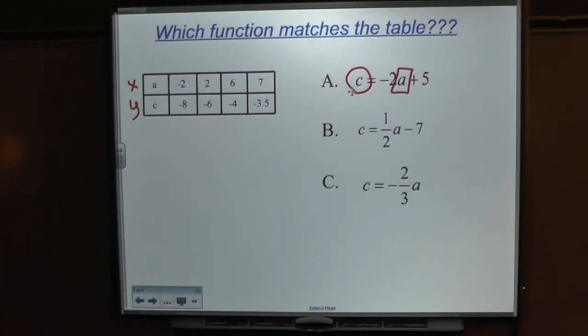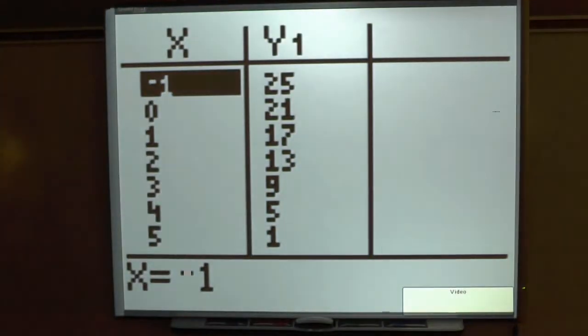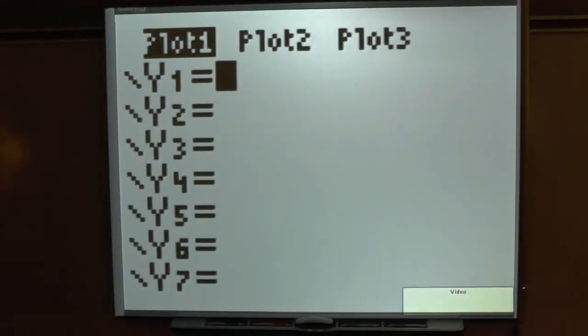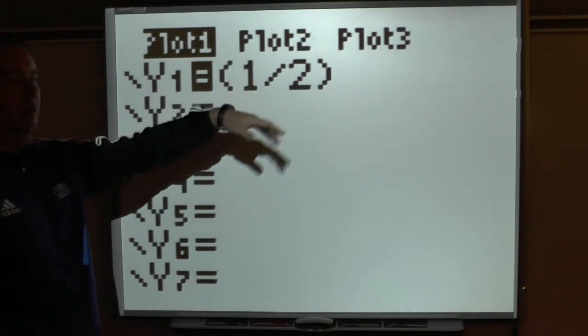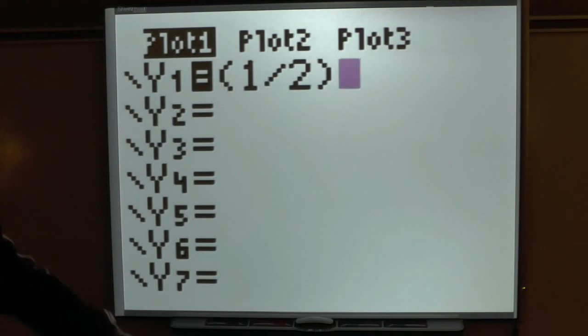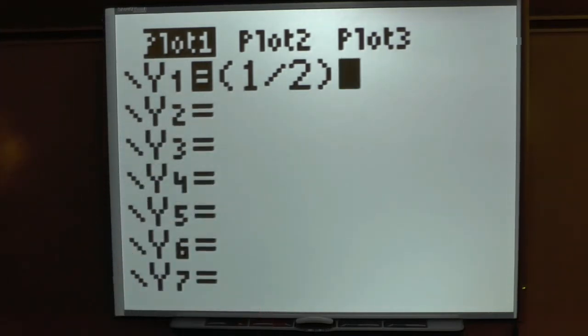So again, you go to y is equal to on your calculator, and what you'll do is you'll plug in one of those three functions. Now, I'm going to choose B to start with. Remember, if you have 1/2, you can't put in 0.5, but remember, if you're going to write a fraction into the calculator, a fraction is a division problem. And we put that fraction inside of a set of parentheses. And from that, we will type in the rest. We cannot type in an A, so instead of writing an A, since we know this is our domain, we type in an X. And then minus 7.